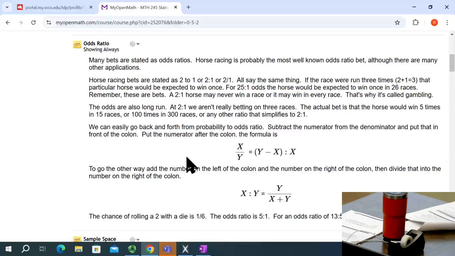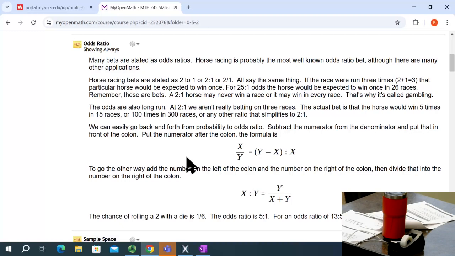And one thing about this is that what we see is not always what there is. And this is the odds ratio. This is common to horse bets. So if you've got a chance of 2 to 1, that means that in 3 races, this horse wins twice.